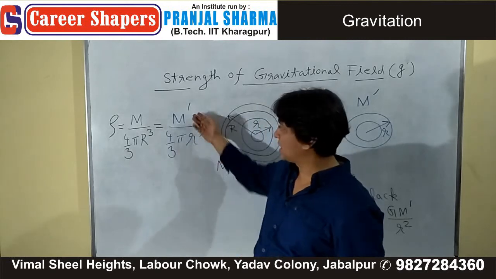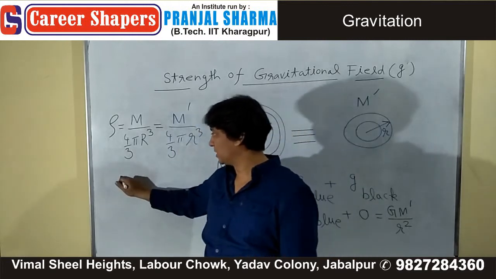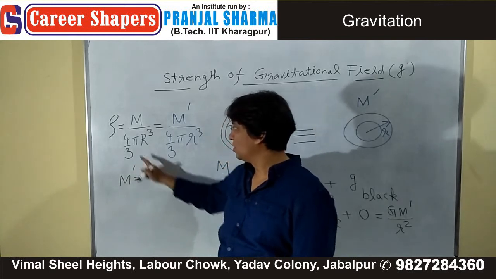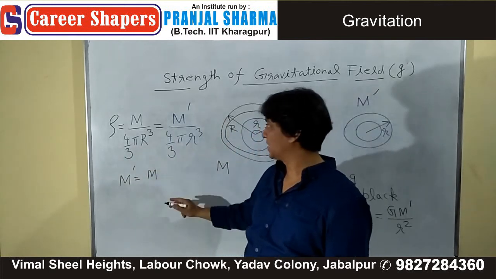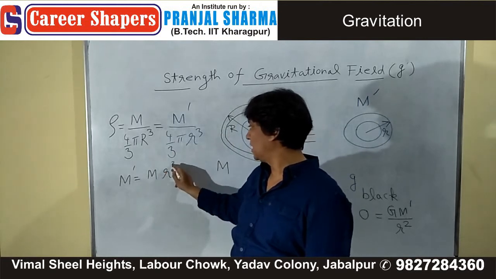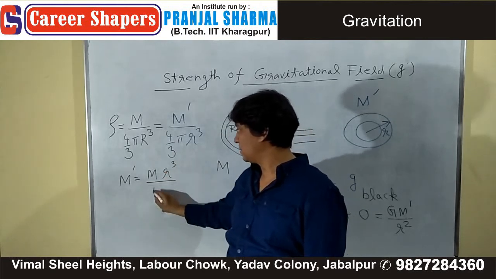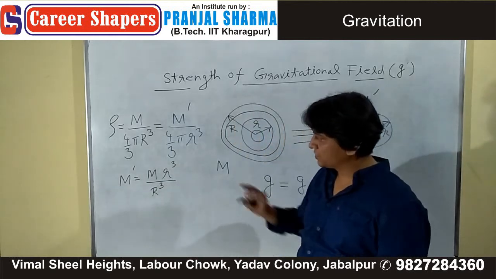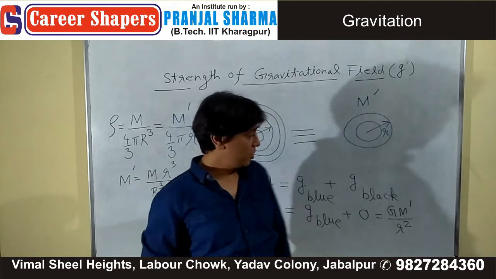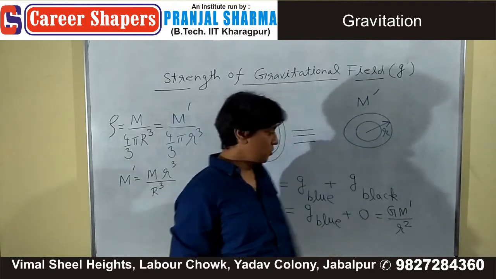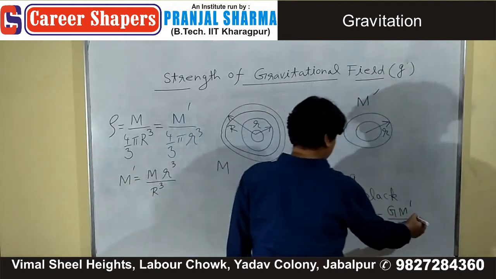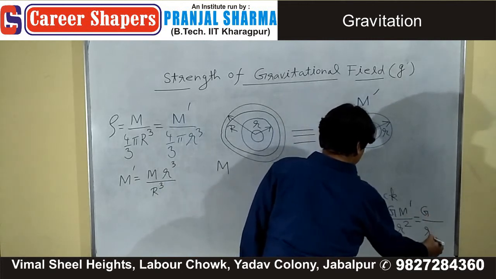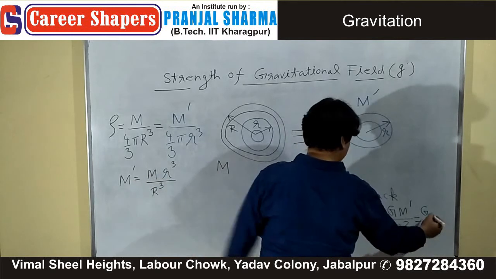This gives us what? M dash. Your m dash is coming: M, 4 by 3 pi cancel, M into r cube divided by R cube. That's your m dash. If this is m dash, put this value of m dash in this. When you put this value of m dash in this part, it gives you what? G upon r square. What is m dash coming?